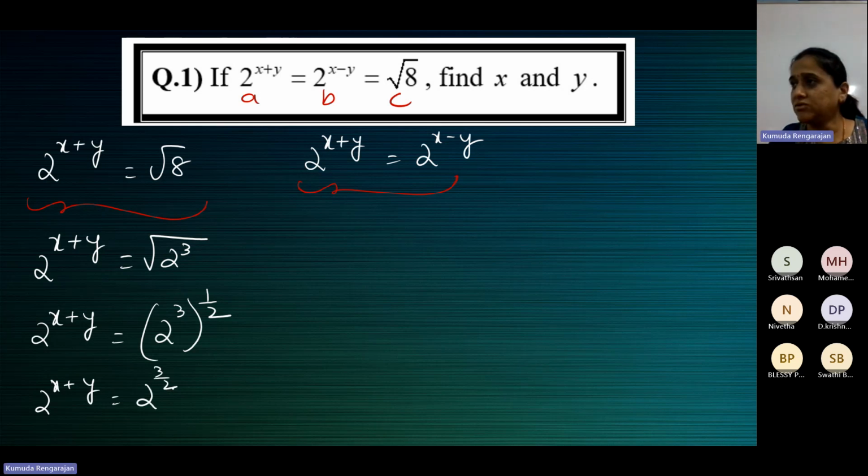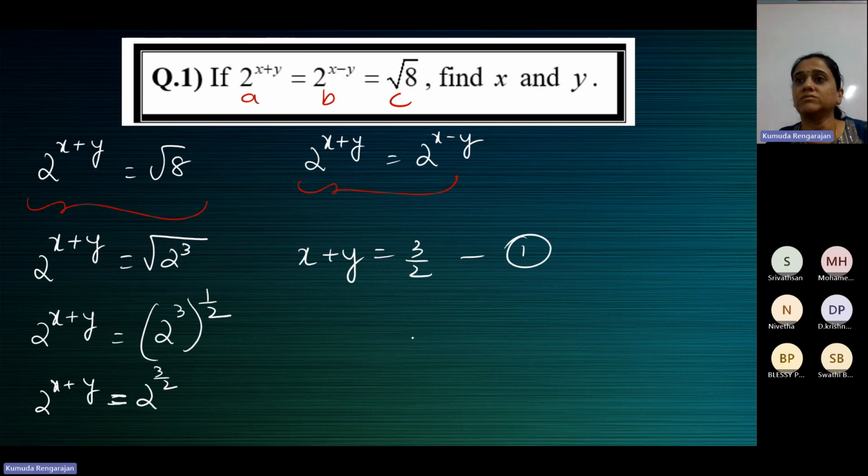By the law of exponents, when bases are same on either side, we equate the powers. You can see the left hand side and the right hand side, the bases are the same, 2 and 2. So since bases are same, equate the powers. So the equation is x plus y is equal to 3 by 2. This is one equation. The other cannot be simplified any further, so you can directly use the law.